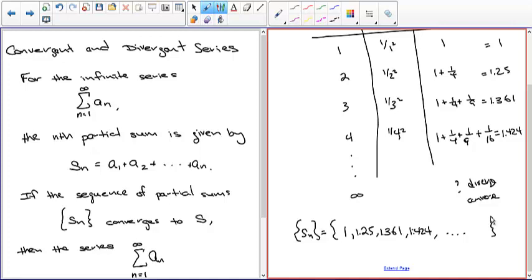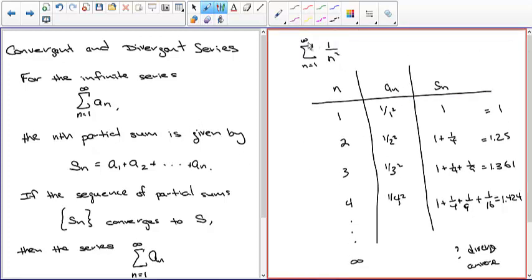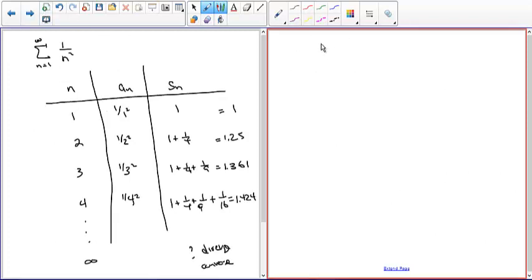If it doesn't, then it diverges. And it all depends upon how quickly these terms go to 0 if they're all positive. So in this case, I have my infinite series. There's another way. I'm going to give you two infinite series, one that converges, one that doesn't converge. We'll find out why later, but right now I'm just going to give it as an example.